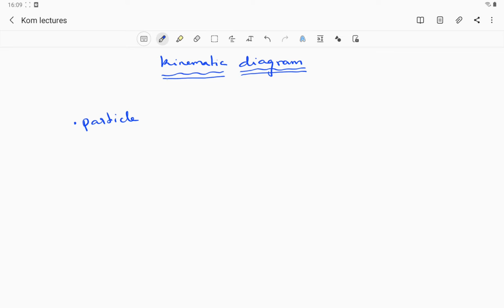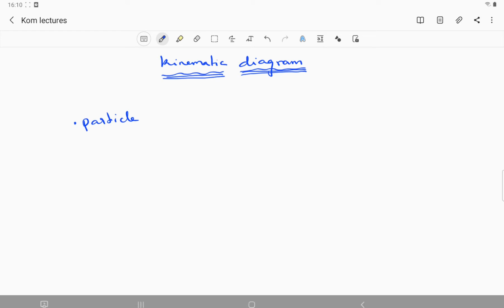Similarly, in the analysis of mechanisms, we reduce certain dimensions and consider only a few important dimensions, and with that we draw the diagram of the mechanism, which we call a kinematic diagram.